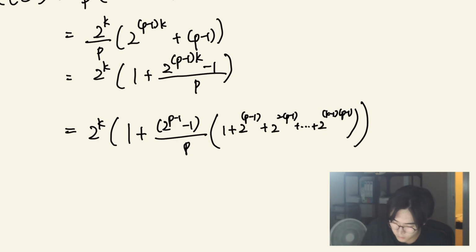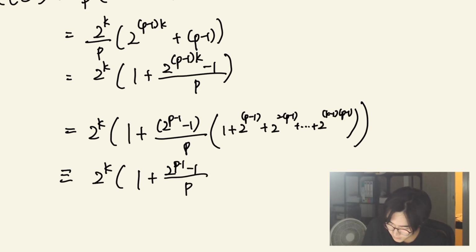Which is then congruent to 2 to the power of k times (1 plus (2 to the power of p minus 1, divided by p) times k) mod p.